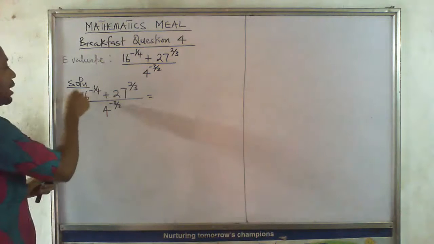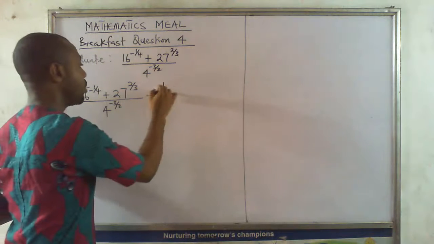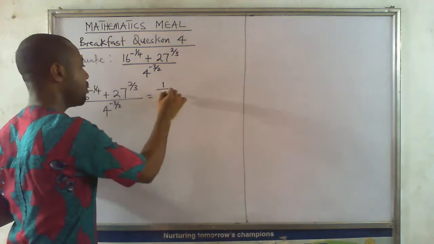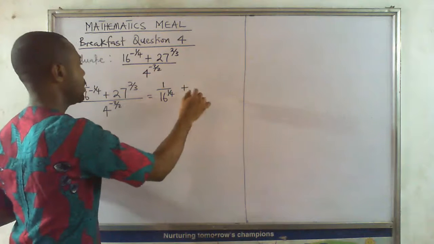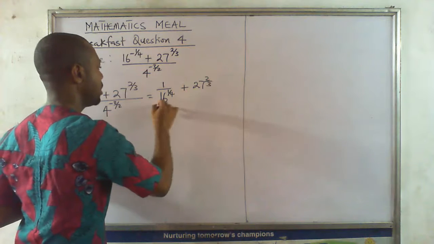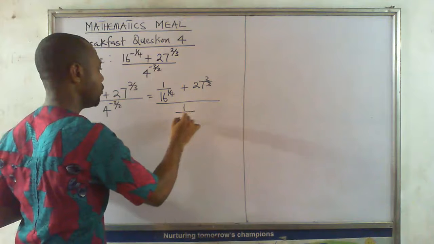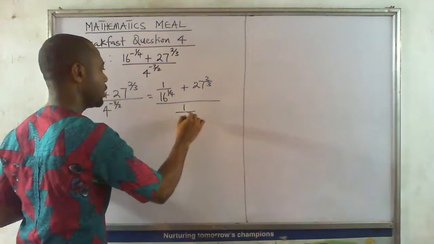So applying the fourth law of indices, we can write this as 1 over 16 raised to the power of 1 over 4, then plus 27 raised to the power of 2 over 3, all of them divided by 1 over 4 raised to the power of 3 over 2.